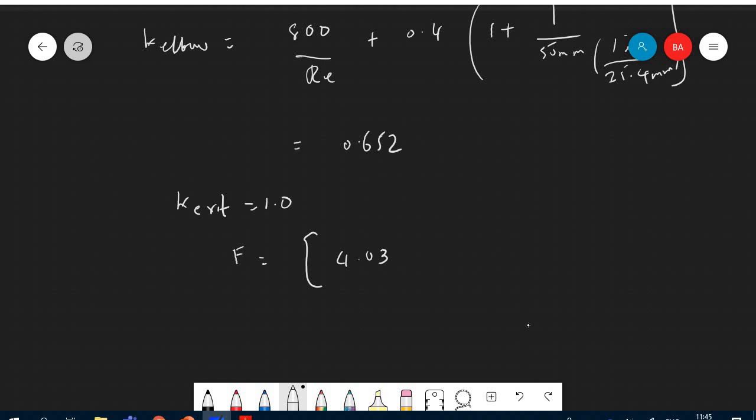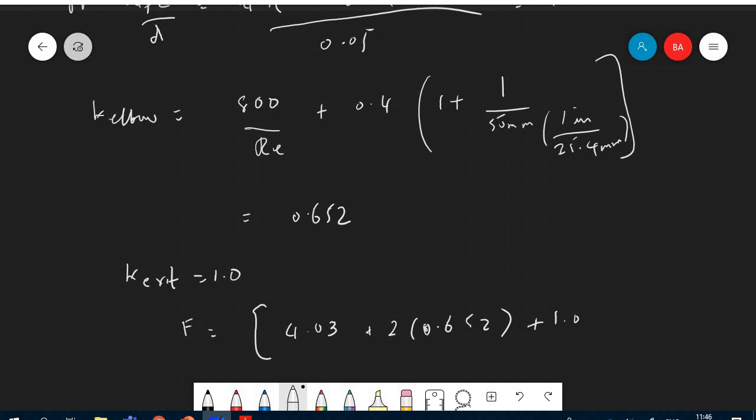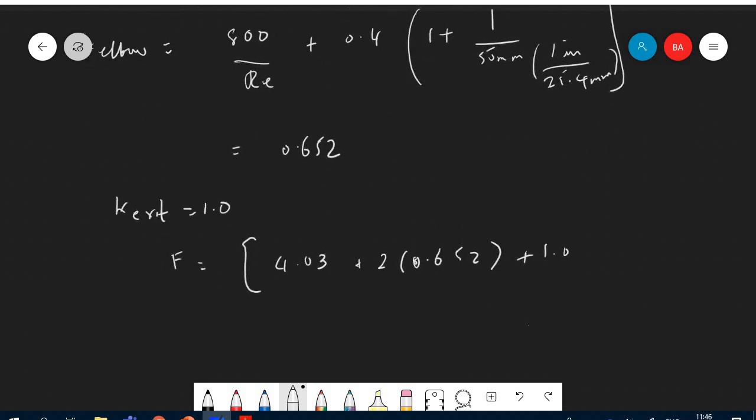For K exit is equal to 1. And in this case, my F is equal to 4.03, which was for the pipe, plus 2 elbows, plus the exit.